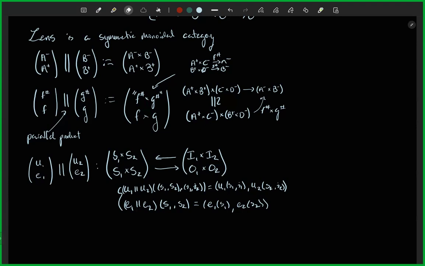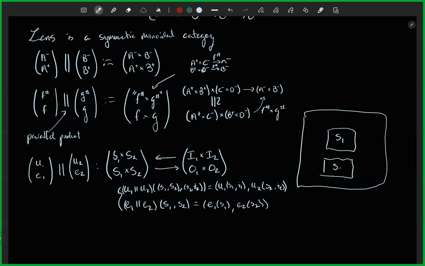And so as you can see, the reason this is called the parallel product is because we take the two systems and we join them together, we couple them, but they don't interact at all. So this, I claim, is going to correspond to this wiring diagram. S1, S2, I1, I2, O1, O2.